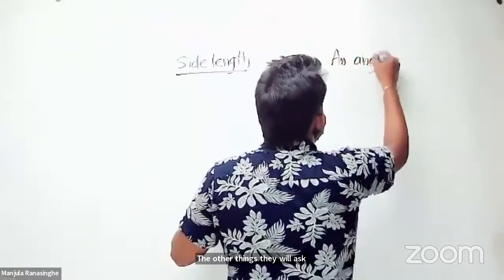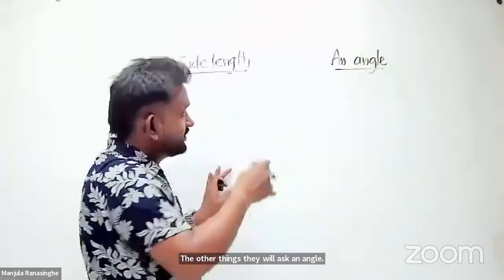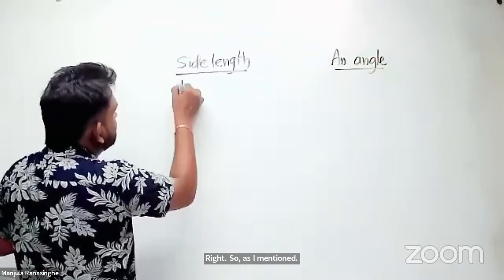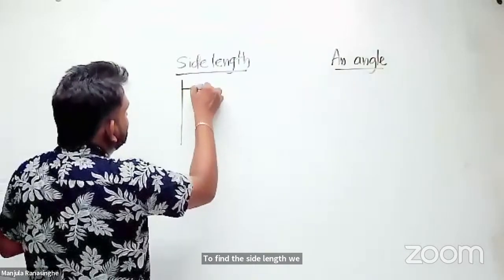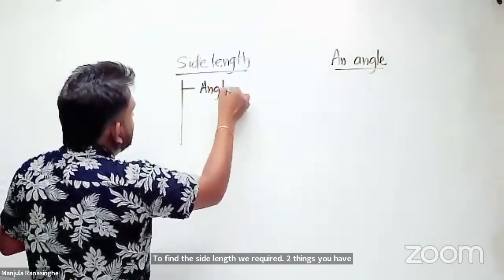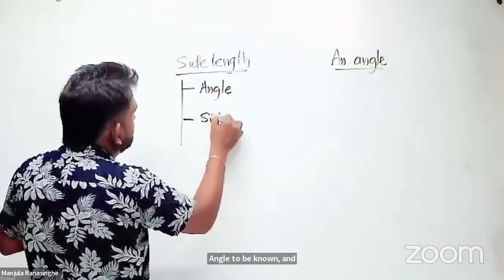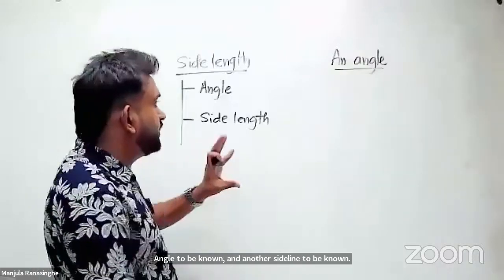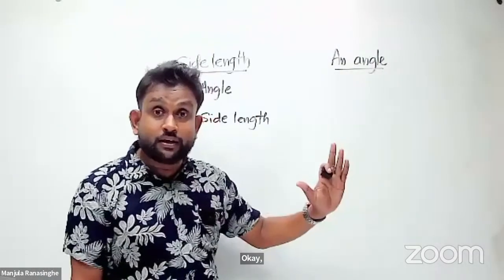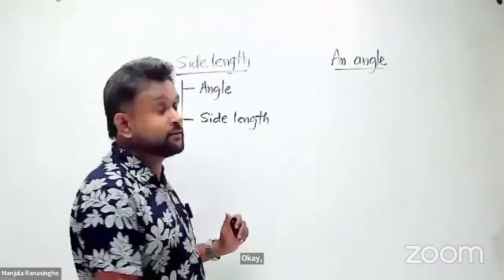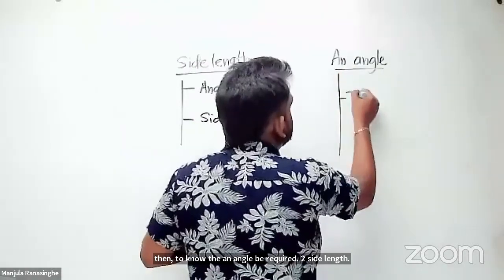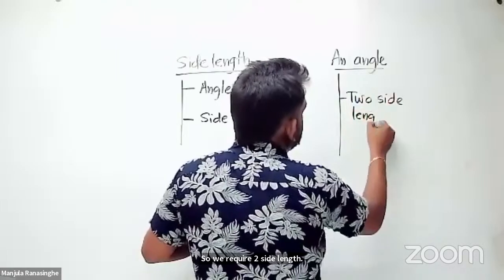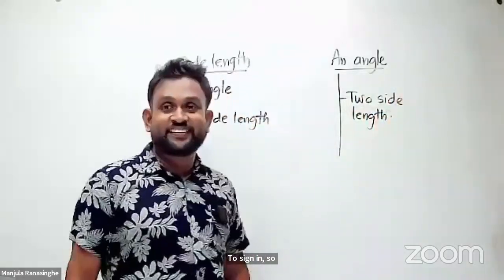To find a side length, we require two things: an angle known and another side length known. To find an angle, we require two side lengths.